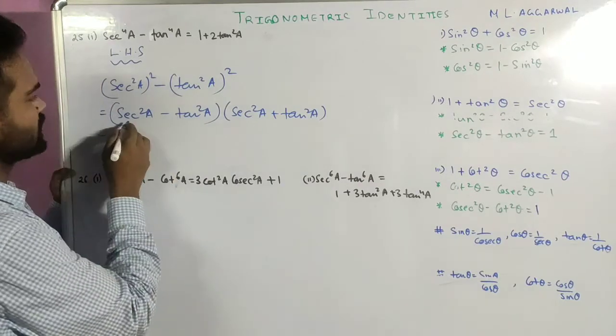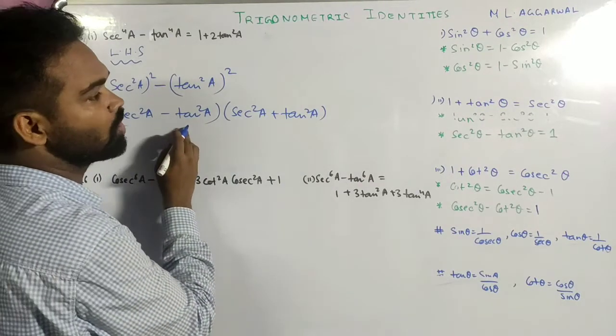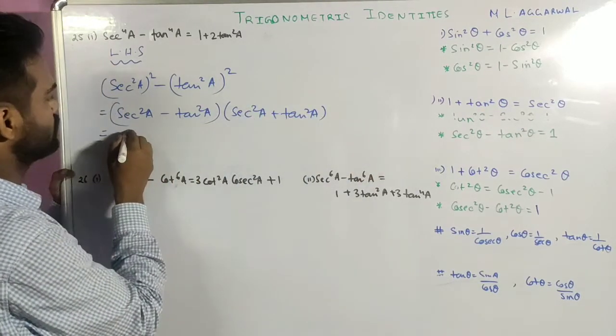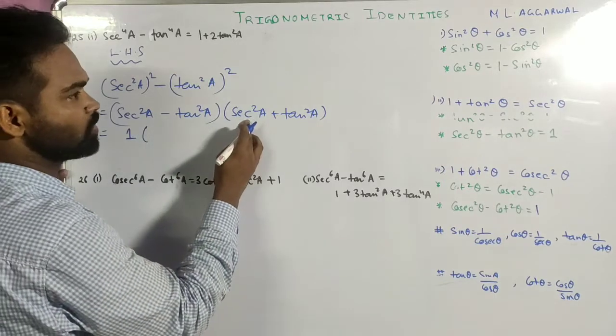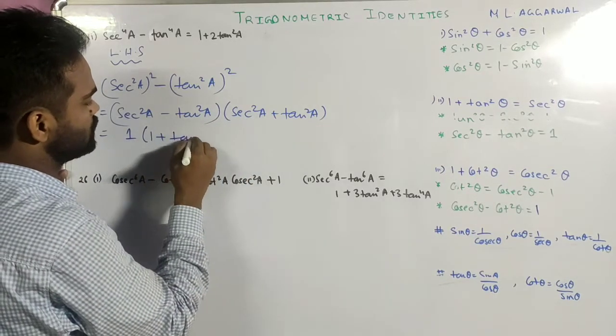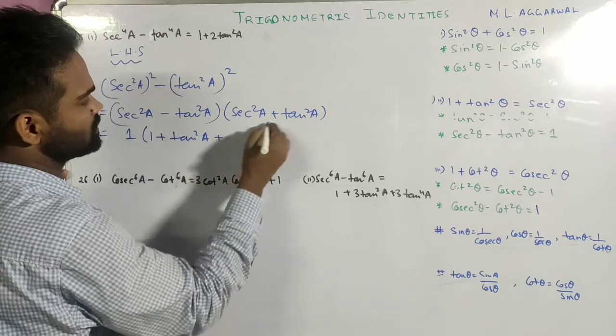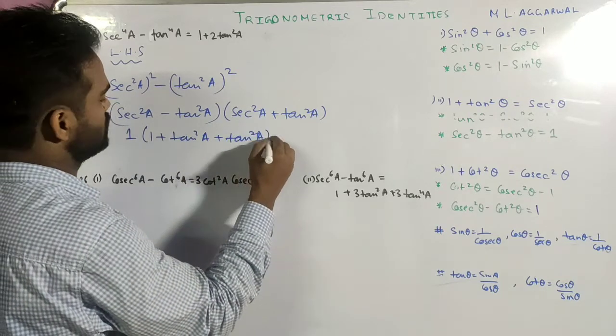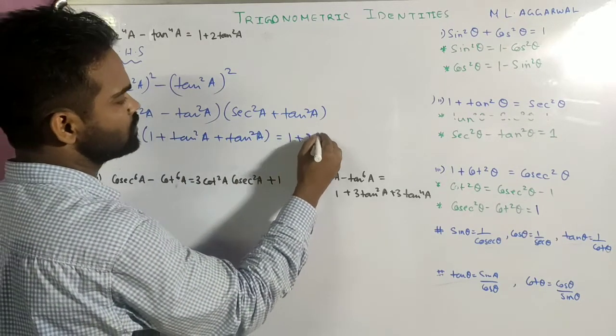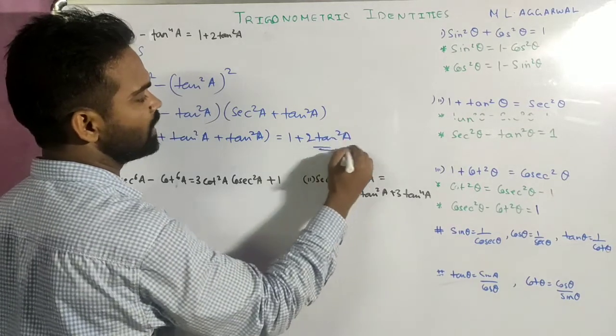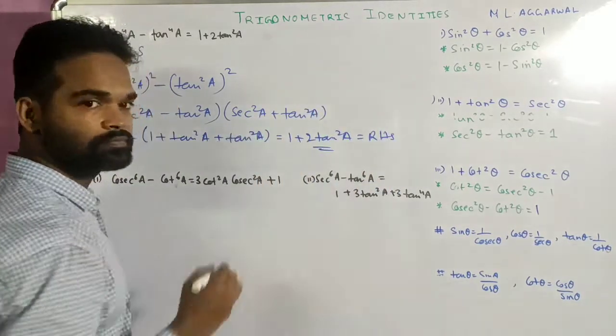Now look carefully. Sec square theta minus tan square theta is 1. Okay. And sec square theta, again I can write 1 plus tan square a, plus tan square a, isn't it? So that becomes 1 plus 2 tan square a. Done. And that is your RHS.